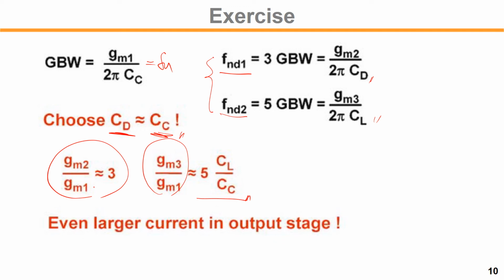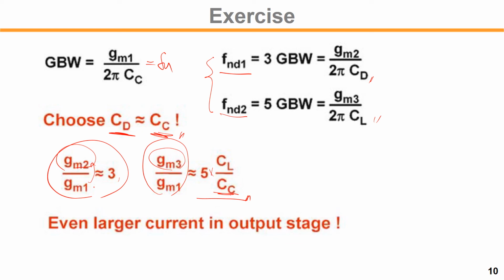So what it means is that let's say the second stage GM must be greater than the first stage, approximately 3 times larger, and then again the GM3 must be what? 5 times CL over CC, right?